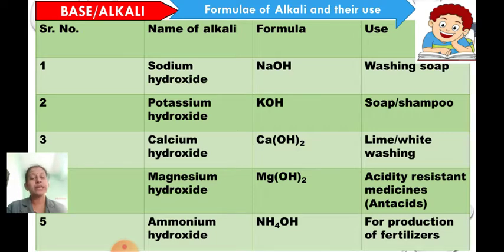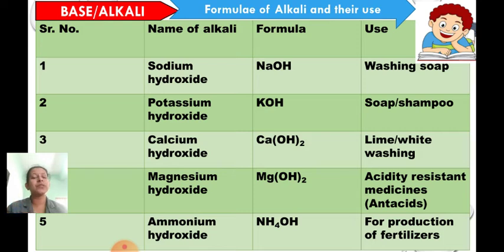When you study soap in standard 9th, you will learn about sodium hydroxide, how it gets attached to the fatty acid. Sodium hydroxide, when mixed with the fatty acid, gives you soap. Therefore its use is in washing soap.